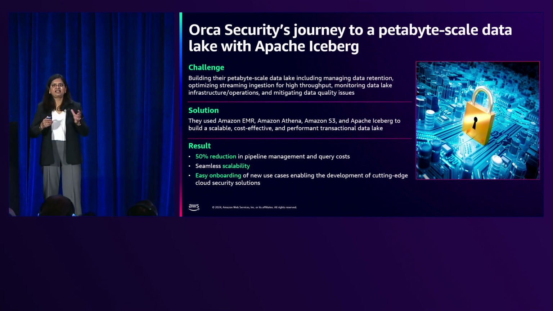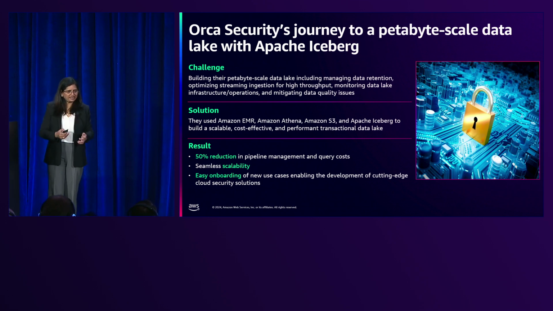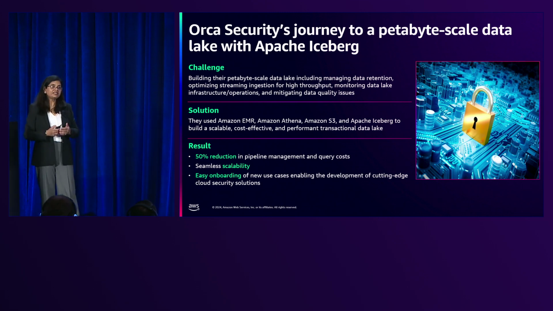So they had a ton of data silos that they wanted to consolidate, and to support the consolidation of this data lake and to implement their use cases on data retention, they used EMR, Athena, S3 with Iceberg. So they did a comparative analysis, and Apache Iceberg suited their use cases much better.